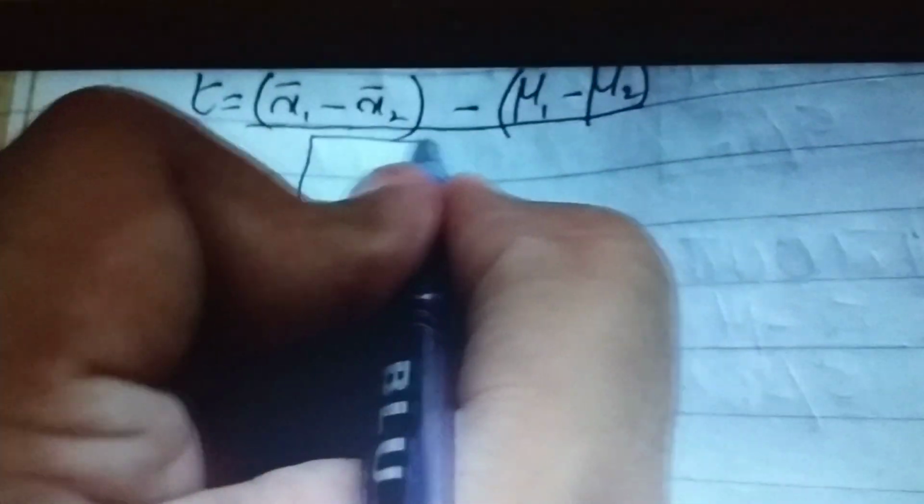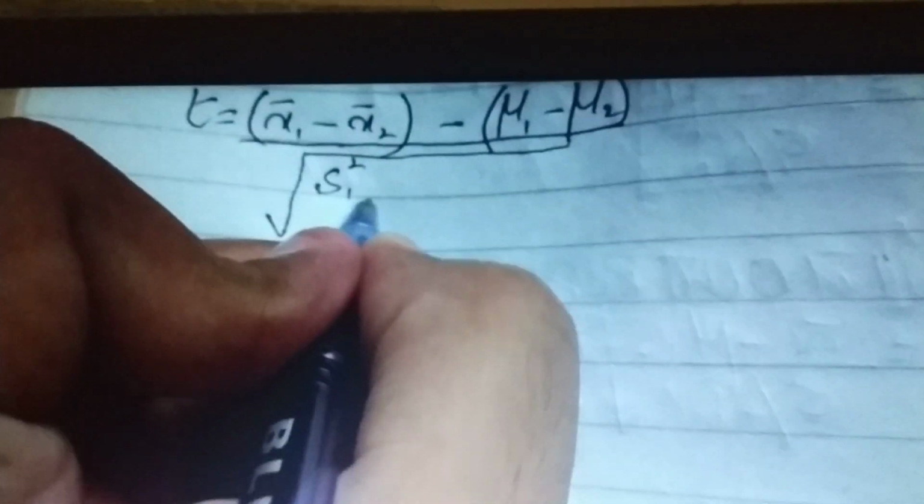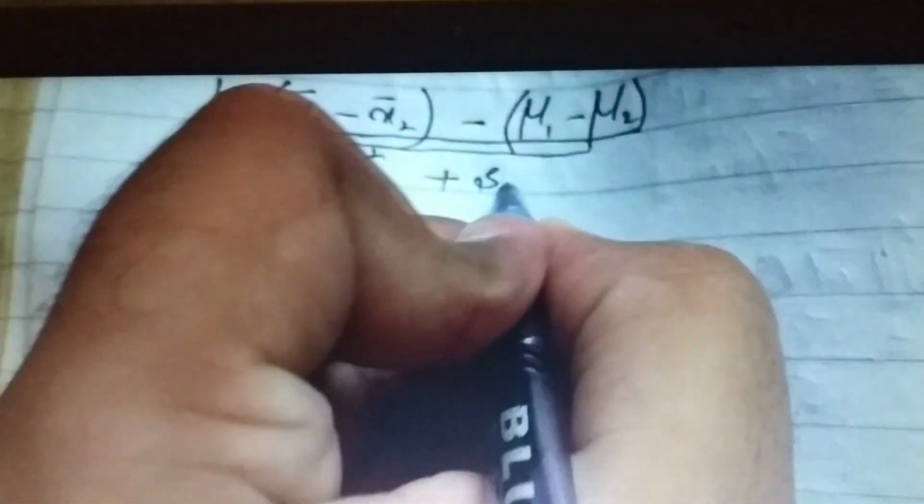And for t, we will have the formula t equals x1 bar minus x2 bar minus mu1 minus mu2 divided by under root s1 square upon n1 plus s2 square upon n2.